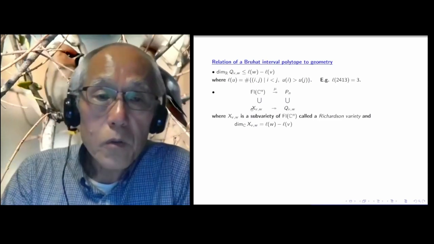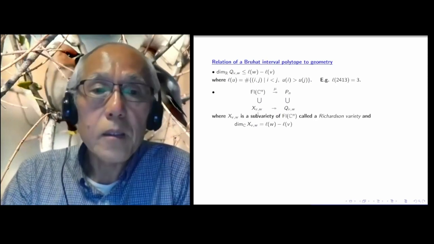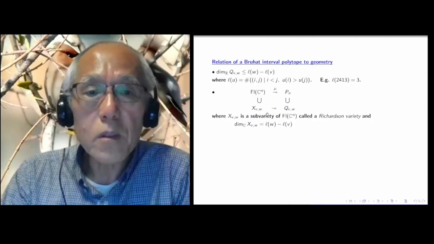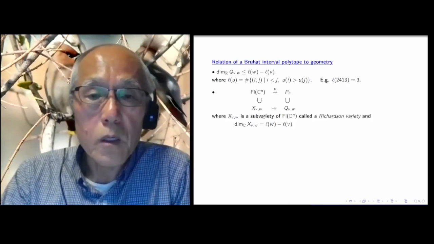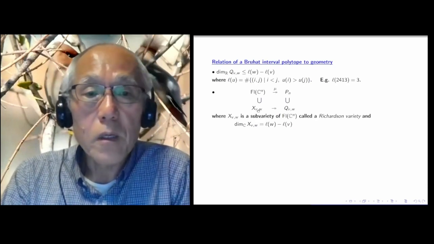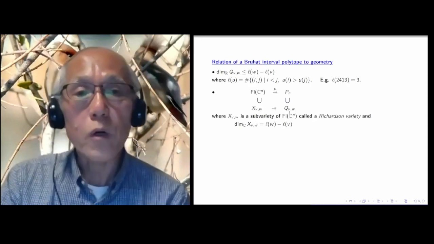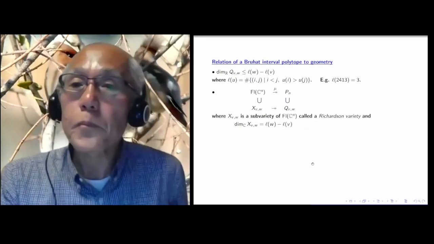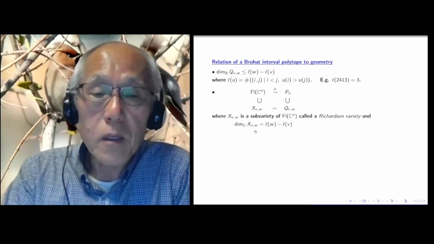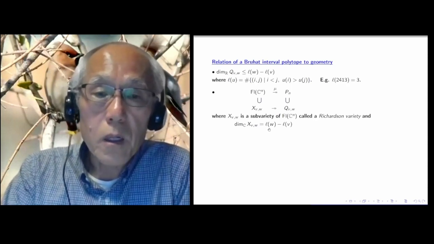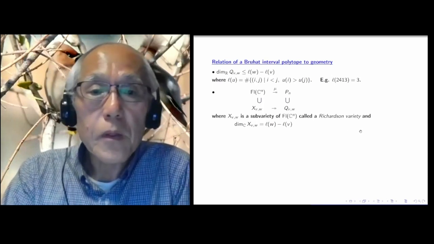X_{V,W} is determined by a pair of permutations. If you restrict the moment map to this Richardson variety, it is surjective onto the Bruhat interval polytope Q_{V,W}. The dimension of this Richardson variety is equal to the length of W minus the length of V.